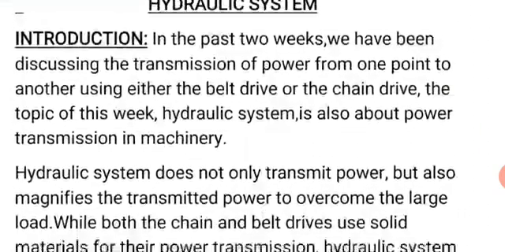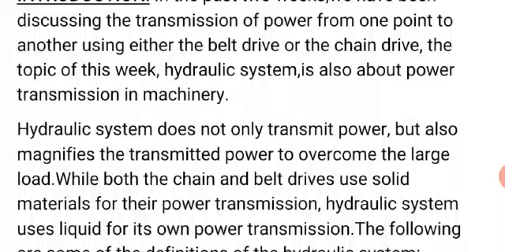But hydraulic system does not only transmit power, it also magnifies the transmitted power to overcome a large load, while both the chain and belt drives use solid materials for their power transmission. Hydraulic system uses liquid for its own power transmission.